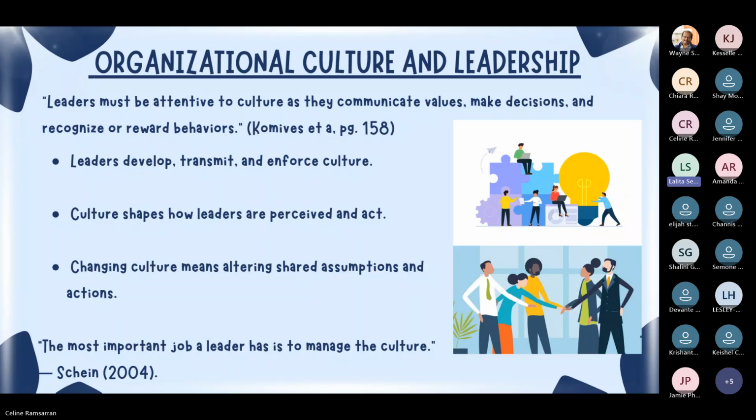For example, a leader who values teamwork fosters a collaborative atmosphere, whereas one who simply recognizes individual accomplishment fosters rivalry. Culture also influences how leaders behave, make decisions, and are viewed. According to Komives, culture is the set of shared values, beliefs, conventions, and behavior that stay in a group and shape how its members view leadership.